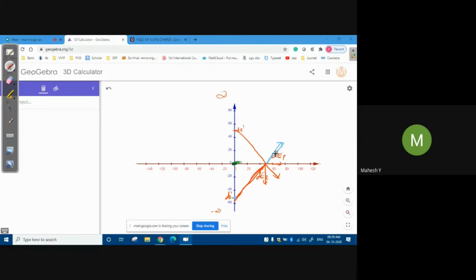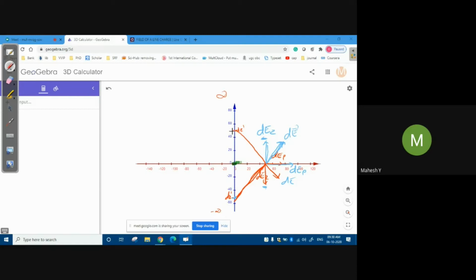Due to this one, it will be in this direction, which also can be split again into dE rho and dEz, right? The length is the same, so the magnitude of dE will be the same, which I represented in red as well as in blue. So the magnitudes are the same, but their directions are opposite.